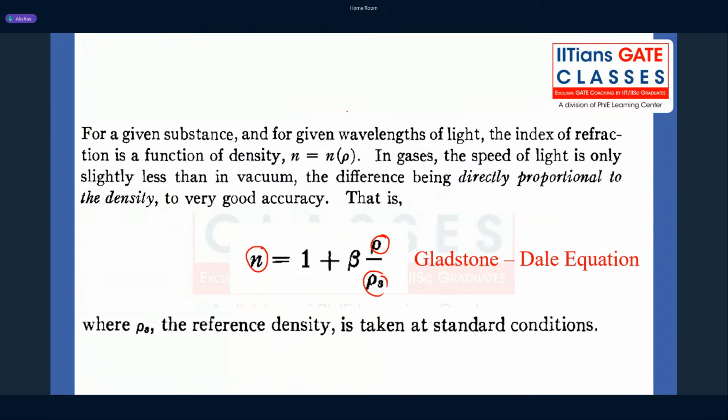Snell's law tells you the same in terms of geometry, with the sine of the angle related to the refractive index of the medium. This one gives it in terms of density. It is named after the two scientists who formalized this relation. Here I can relate the refractive index to the density of the medium. That's the important point to take.